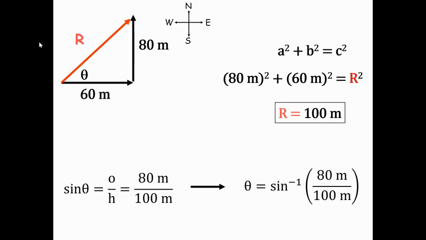I can rearrange this to solve for theta by taking the inverse sine of both sides, and I get the same answer. Our angle theta is equal to 53 degrees. So either way you do it, you get an answer for the resultant vector of 100 meters at 53 degrees north of east.